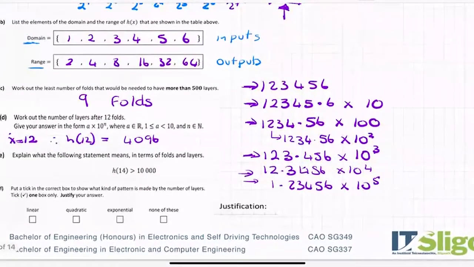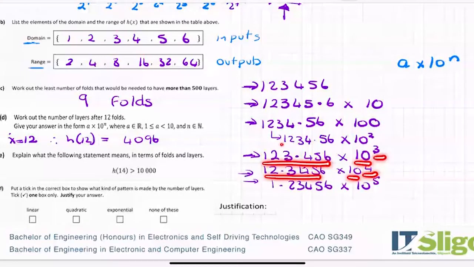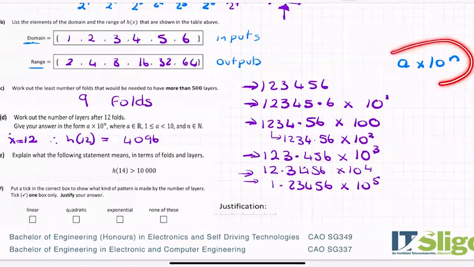Now, what does it mean, a by 10 to the n? Well, any of these numbers here are a by 10 to the n, and a in this case is just 1. So all of these numbers are already in the form a by 10 to the n.